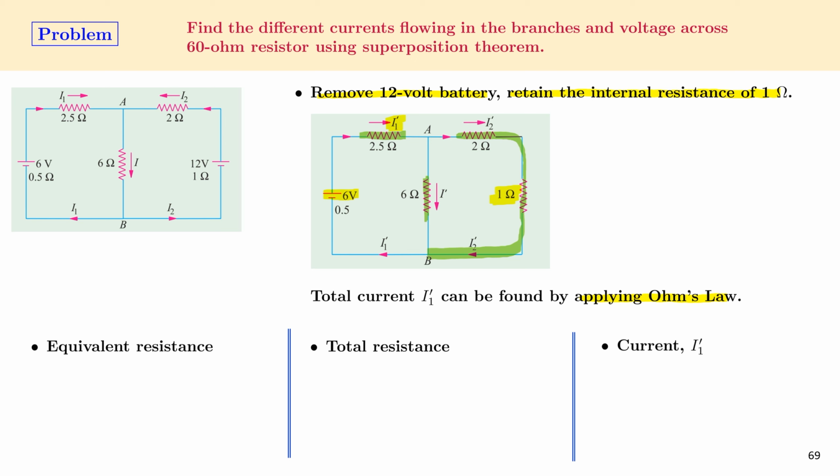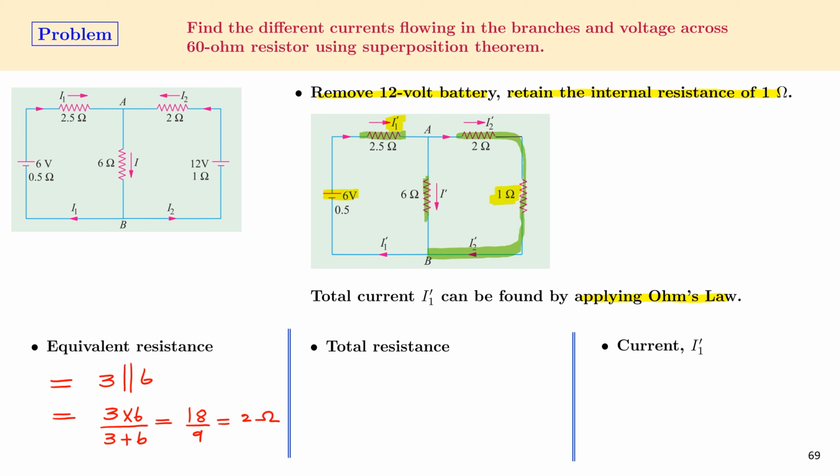We will first find out the equivalent resistance of the parallel combination of the 6 and 3 ohm resistors. That is equal to 3 parallel 6 in short form, and this is nothing but 3 multiplied by 6 divided by 3 plus 6, which is 18 over 9, and that is equal to 2 ohms.